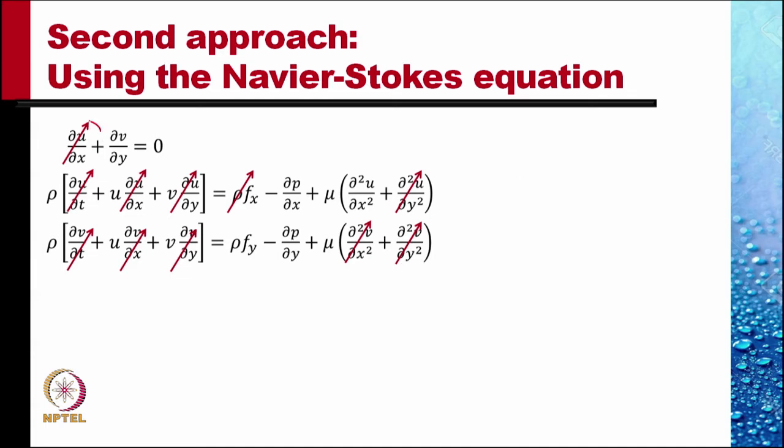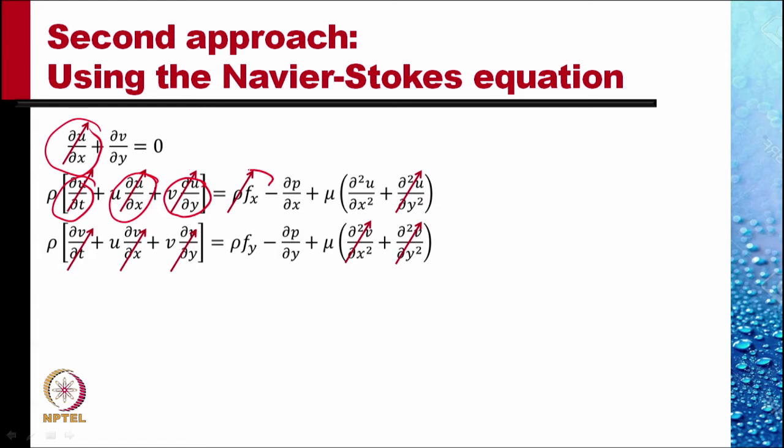This term disappears because u is not a function of x. This term disappears because the flow is steady. This term disappears because u is not a function of x. This term disappears because v is 0. There is no vertical component of velocity.